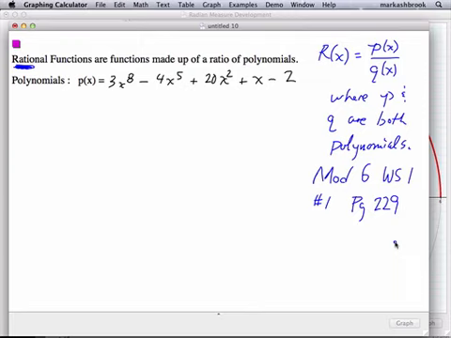Okay, when you get to part C, is that the table, part C? Start in the row where x equals 1. That's in the middle of the table.